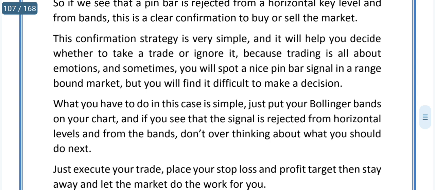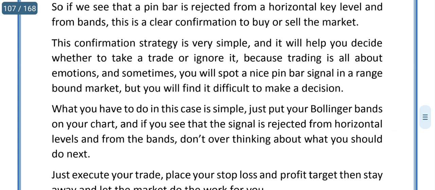Therefore, if you see that the pin bar that is formed from the horizontal key level and from the bands is a clear confirmation for us to buy or sell the market.